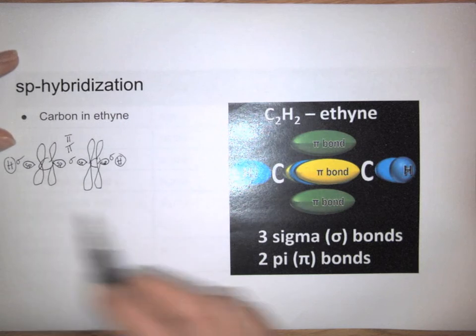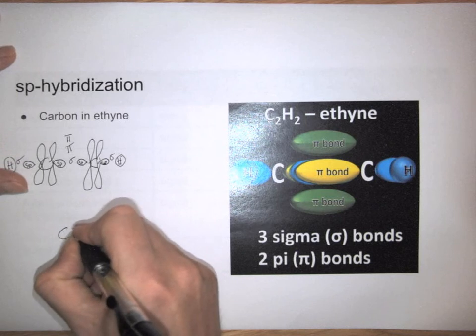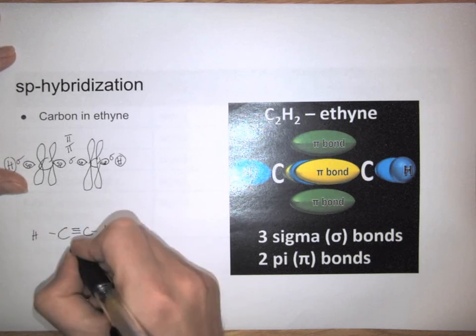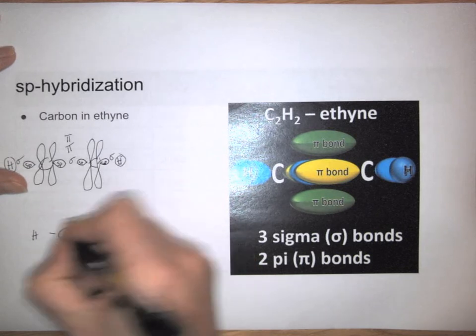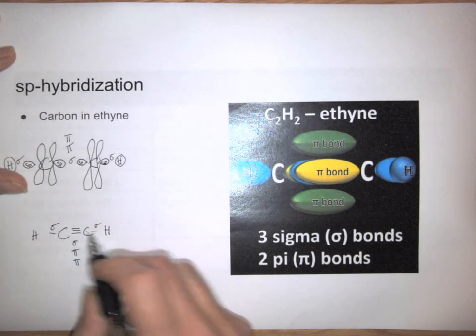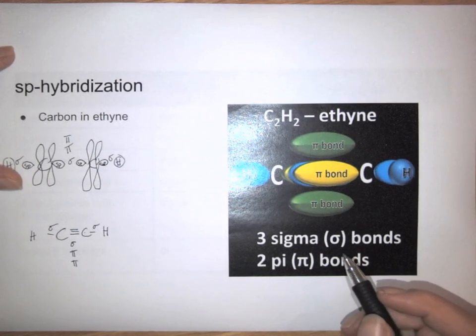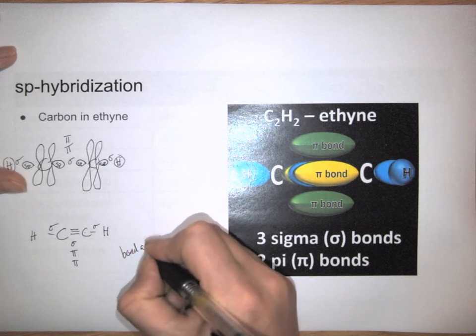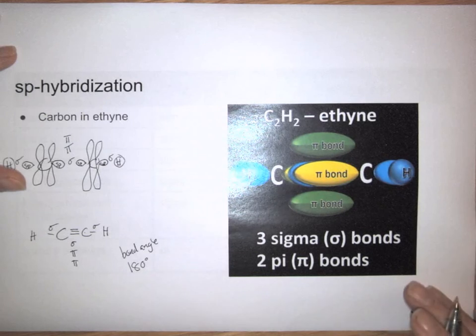And the triple bond between the carbons in the ethyne, like this, will contain 1 sigma and 2 pi, and then we have the sigma bond between the carbon and the hydrogen also. The bond angle here will be 180 degrees. And that will give us a linear shape.